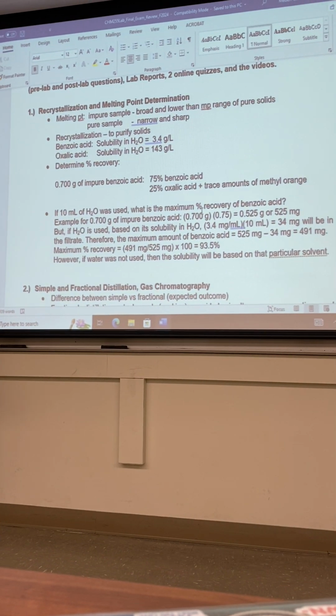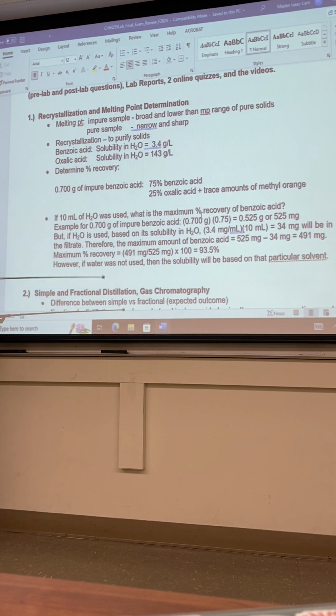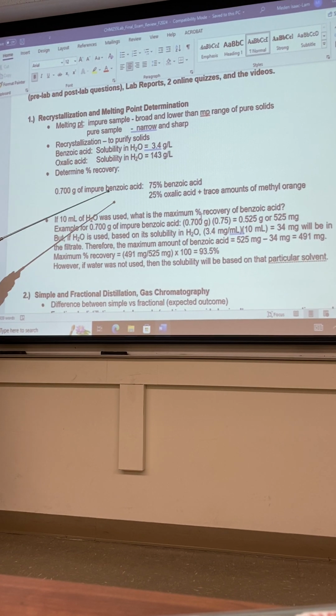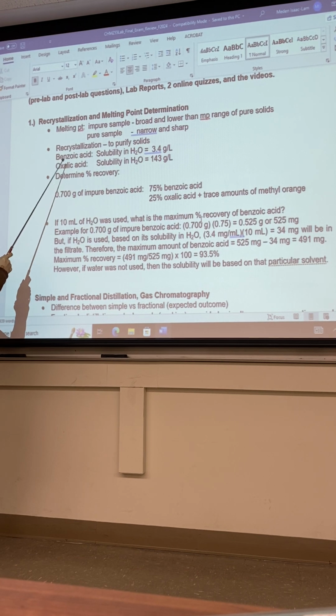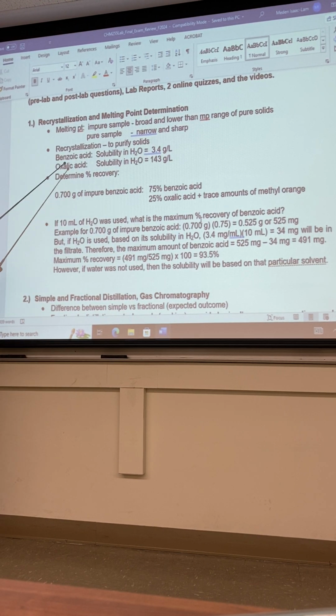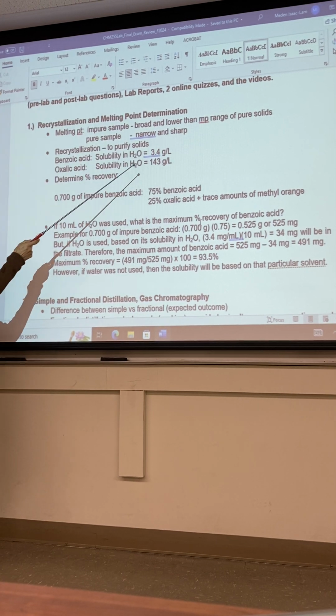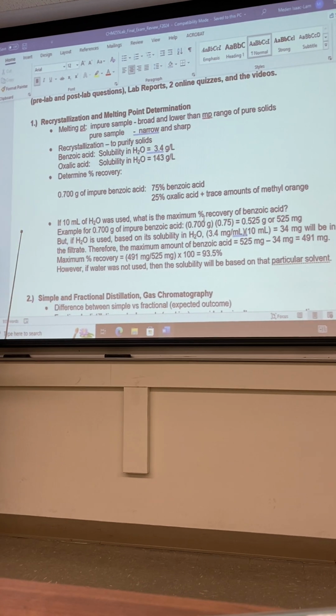It's 143 grams per liter, because oxalic acid contains 2 carboxylic acids. Benzoic acid has a benzene, so it's more hydrophobic, but it has a carboxylic acid, right? But the solubility is less in water.